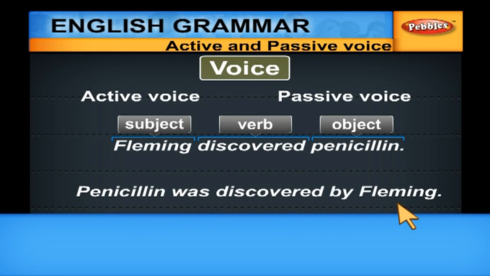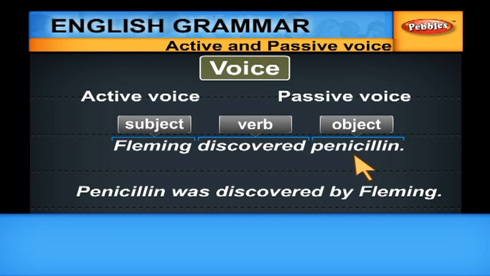Before we proceed further, you have to understand what we mean by the object of a sentence. The object of a sentence is a noun or a noun phrase. It comes after the verb, but not all the nouns coming after the verb are objects.